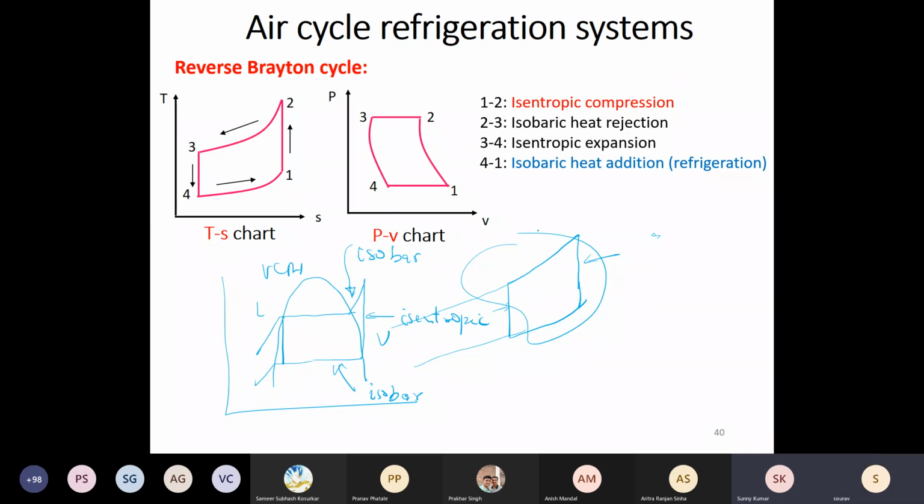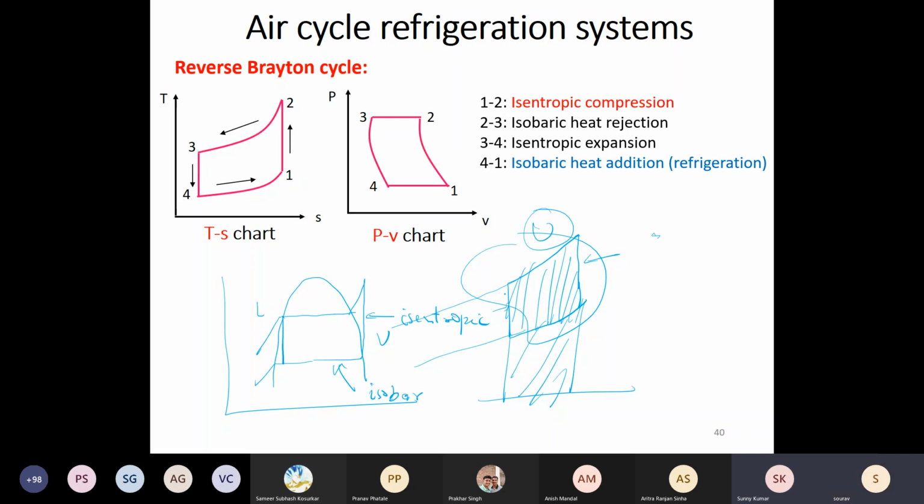The other one is simply operating in the superheated vapor region. No phase change at all. So where I get the refrigeration effect is this. What is the total work input is this. All the concepts that we have learned are still the same.